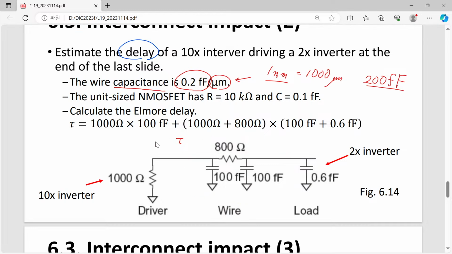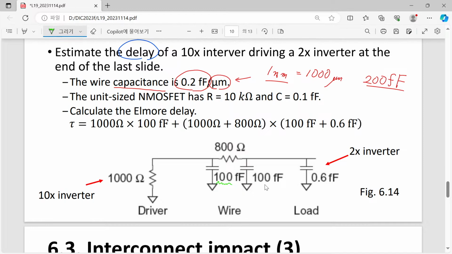But anyway, let's go to this pi model, and please note that here we have 100, so we just use half of it.